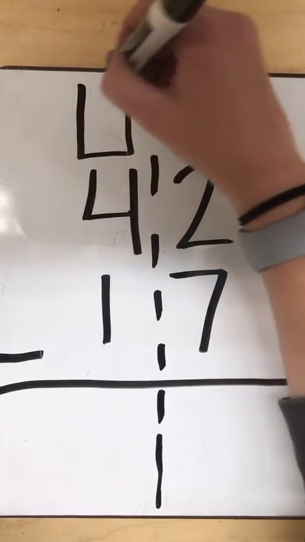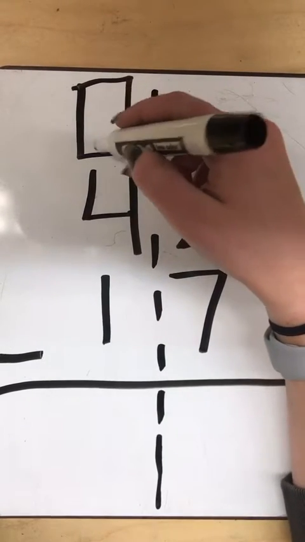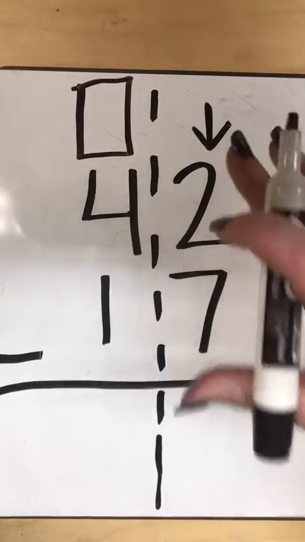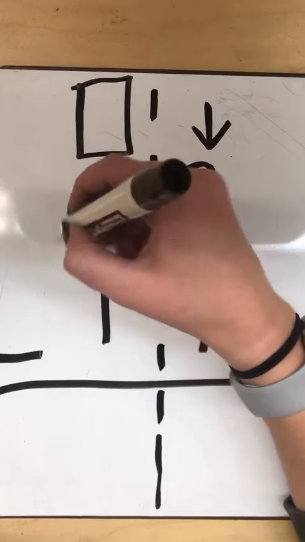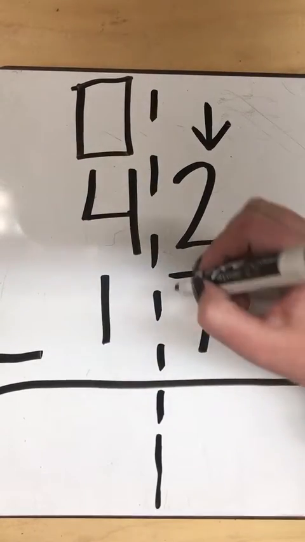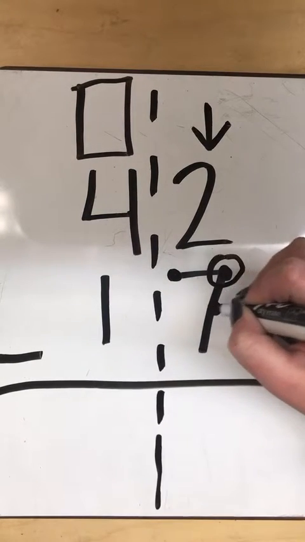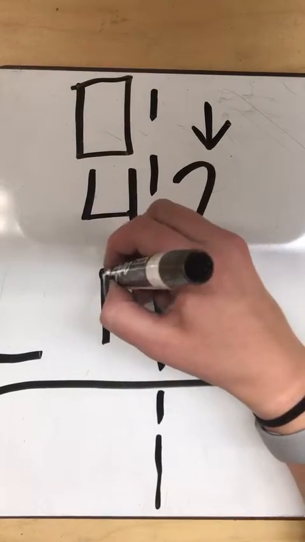Sometimes you'll see this box up here. So when you borrow, you're writing in this box. I tend to notice that students do better with just writing it next to it. But you might see this, so I'll do it this way just so you know what it might look like. And then in the following problems, I'll do it without the box.